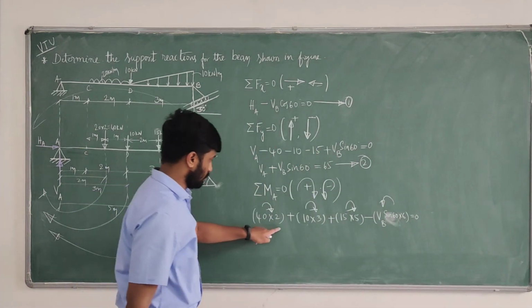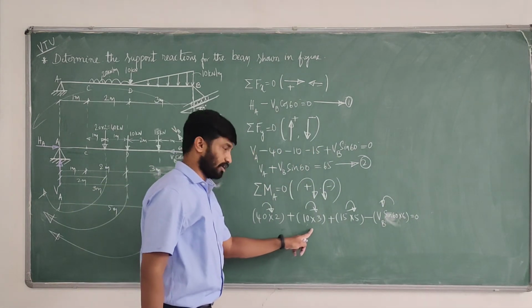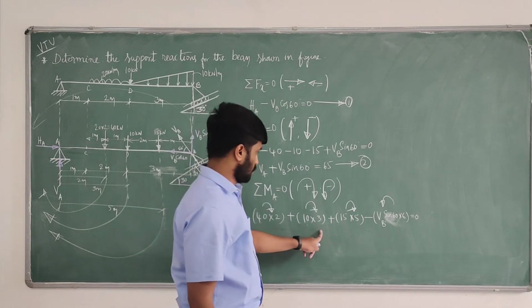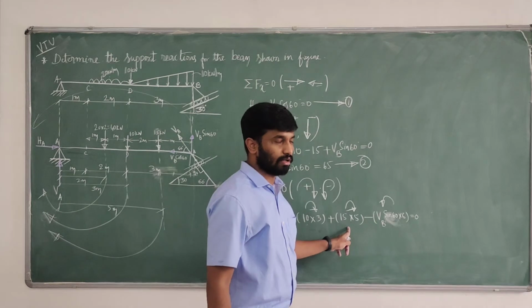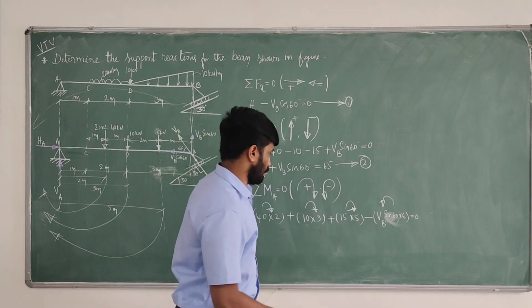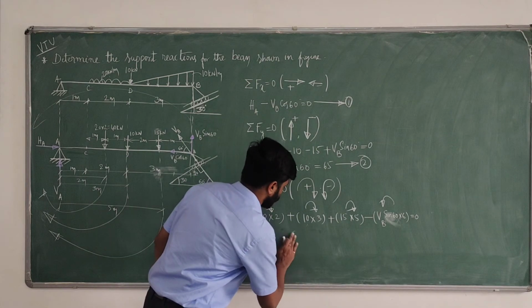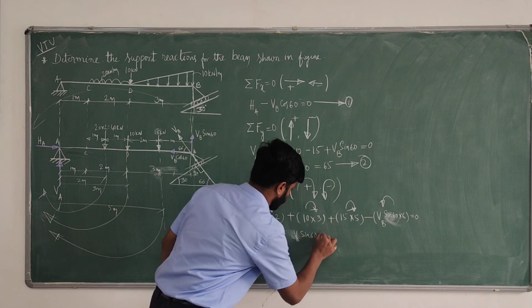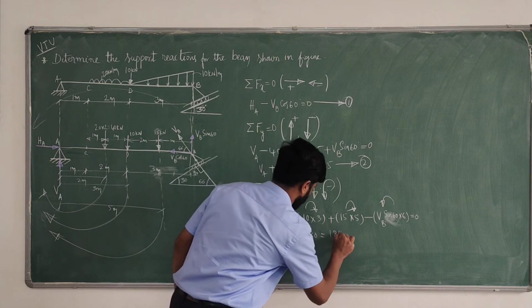Now, what is this total? 80 plus 30 is 110. 110 plus 75 is 185. So you are getting VB sin 60 into 6 equals 185.